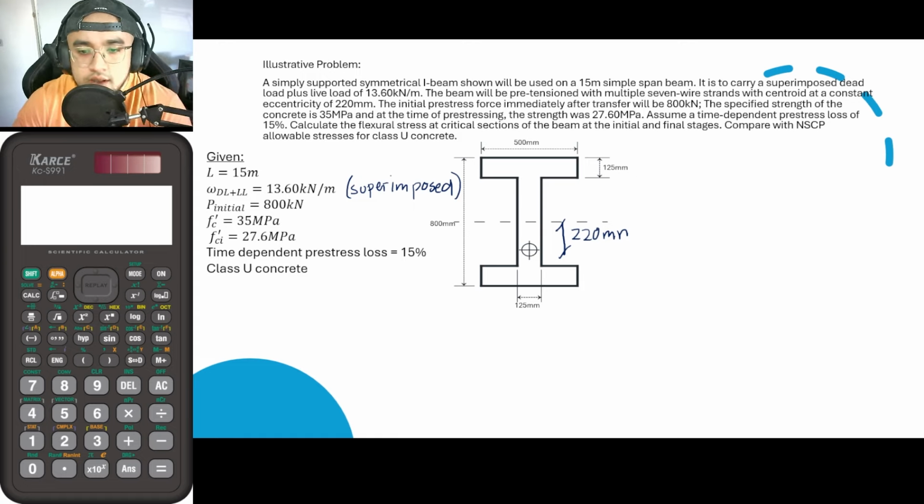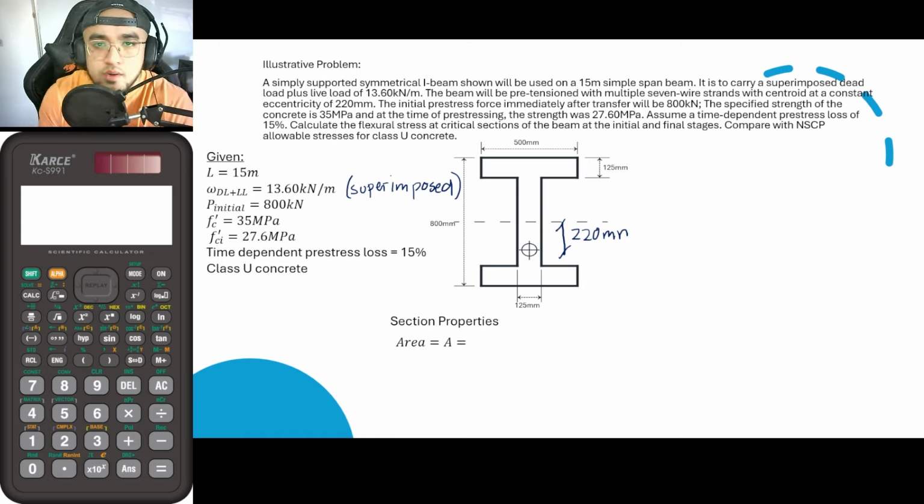Okay, so for the section properties, what are the values that we need once again? Of course, we must first solve for the area because we will be using it for P all over A. For the area, that is a matter of simple solid mensuration. A is equal to, as you can see here, let's say this is area 1, this is area 2, and this is area 3.